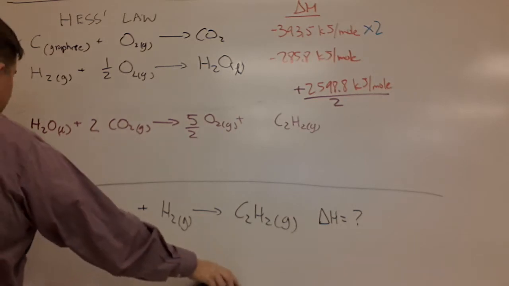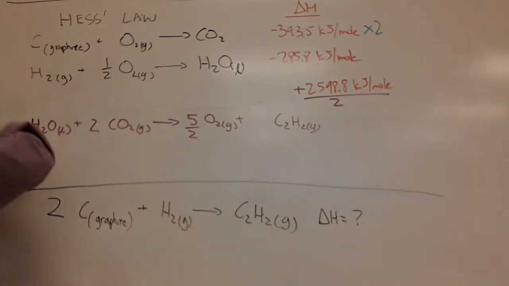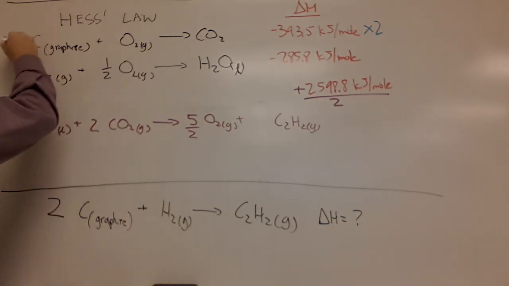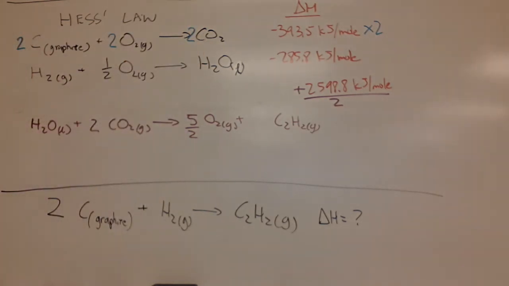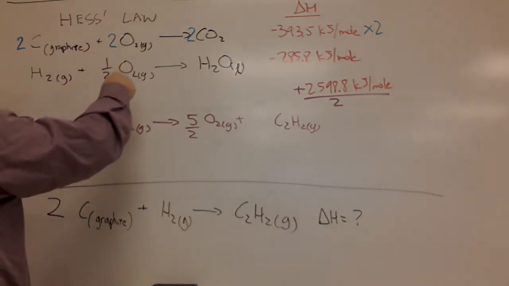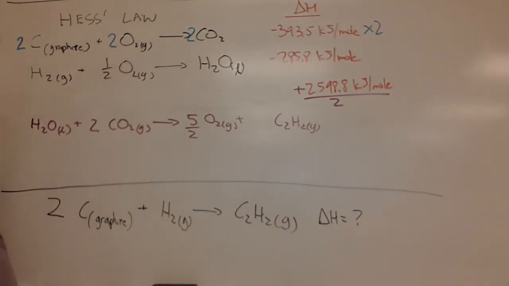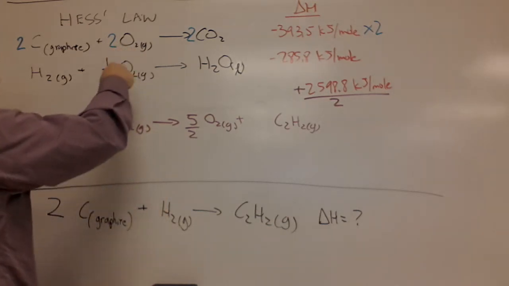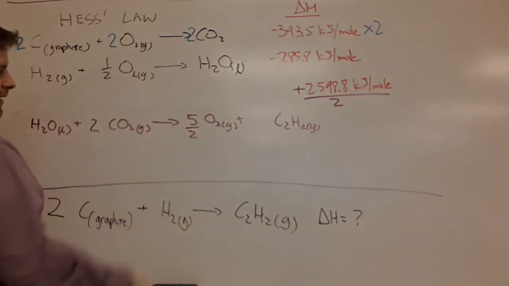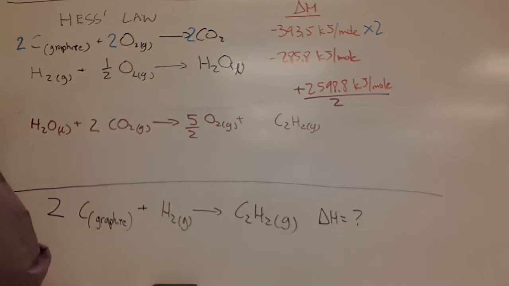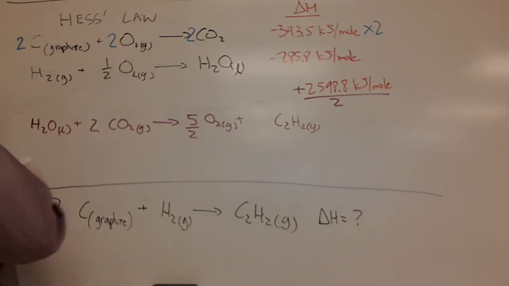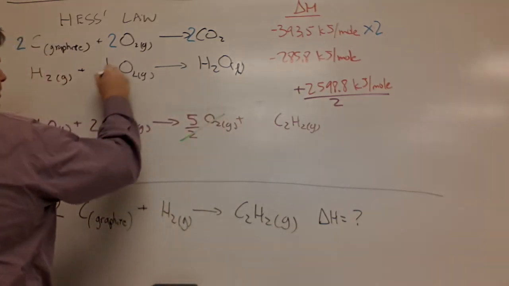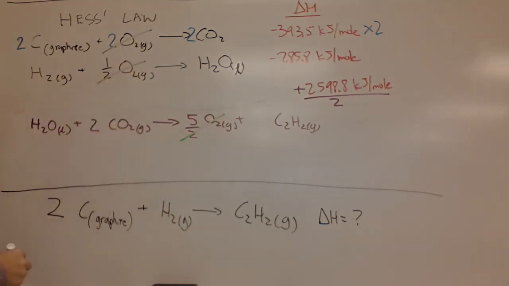So when I'm multiplying it by 2, I've now got to have 2 graphites, 2 oxygens, and 2 carbon dioxides. So if I look at this half, this is 2.5 oxygens, and I've got 2.5 oxygens right there. So guess what? They're equal on both sides of the equation, so I'm going to cancel these oxygens. All the oxygens cancel out.